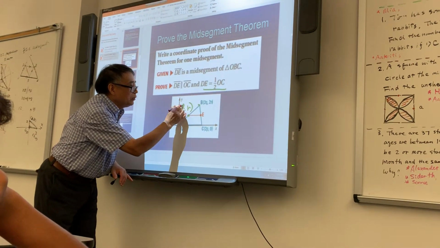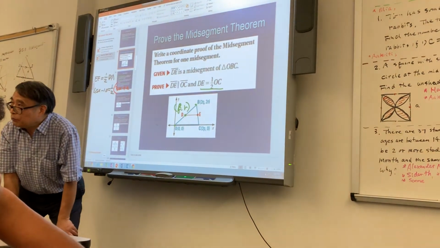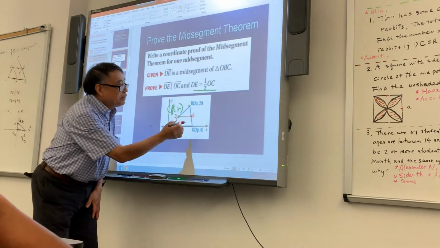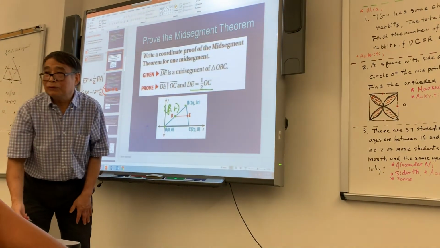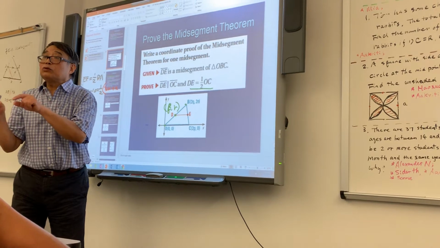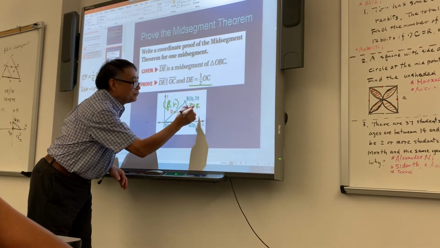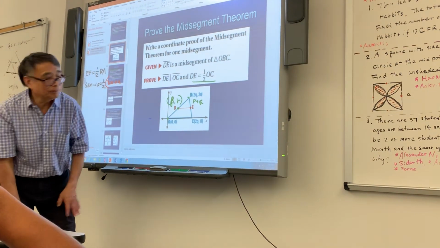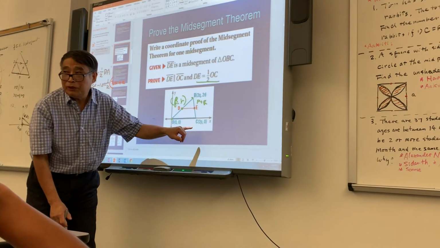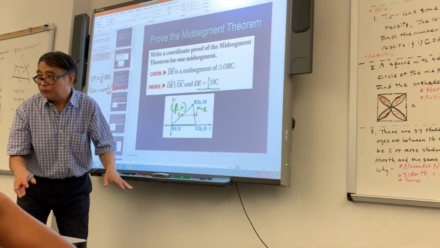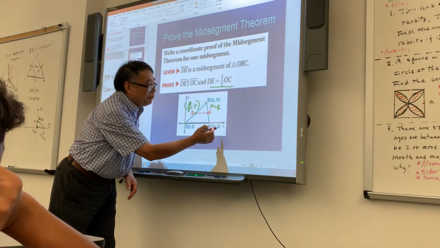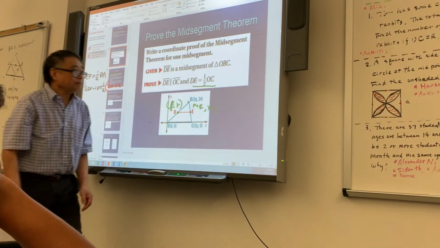This point is (q, r). Do you understand me or no? For this point, 2p plus 2q divided by 2 is p plus q. Do you understand, please? 2p plus 2q, then over 2 is p plus q. And 2r plus 0 over 2 should be r.